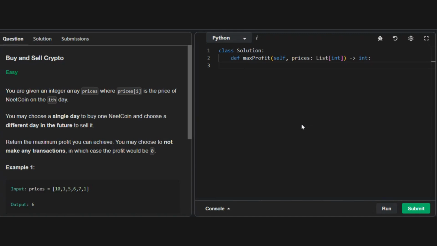So again, we started by bringing our pseudocode here and pasting it here, and we need to initialize min profit as infinity and max profit as 0. Let me do that.